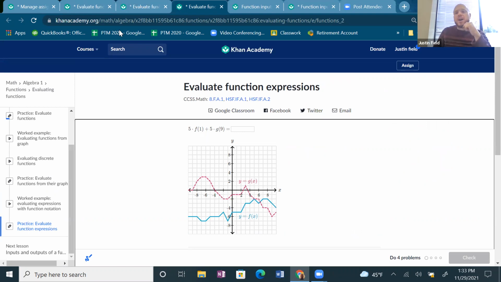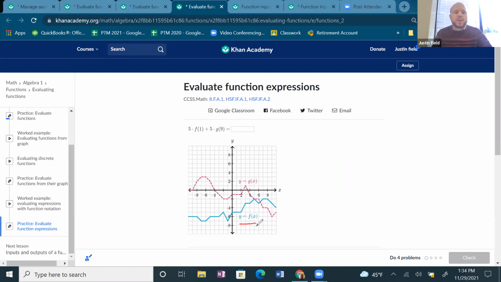Now this one, remember how I was like function f, it's in blue. Well, that's because I was thinking ahead for you to something like this. So now we have two functions. We have function f still in blue, and now function g in a dark shade of red, purple, maroon. All right. So what are we going to do?